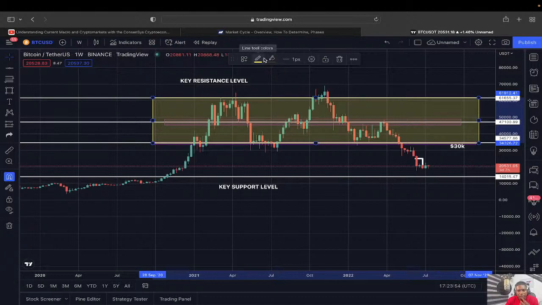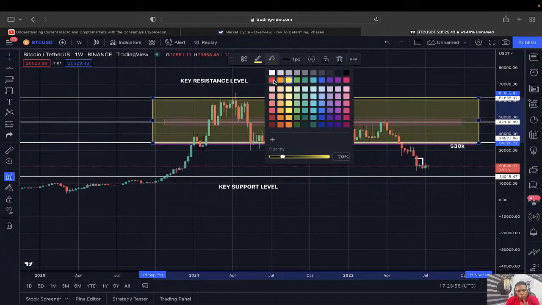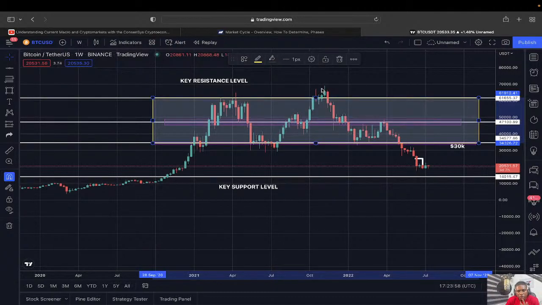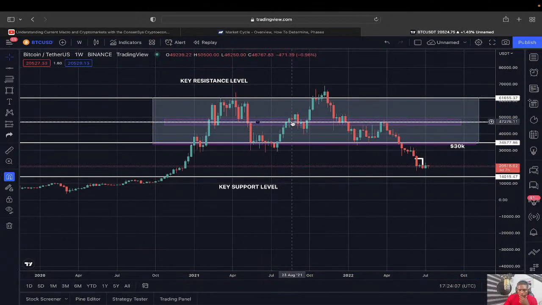I hope you guys can see that. Can you see that now? So you see price moved in this box.